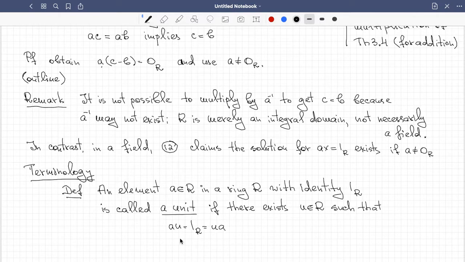So an invertible element in a ring is called a unit.